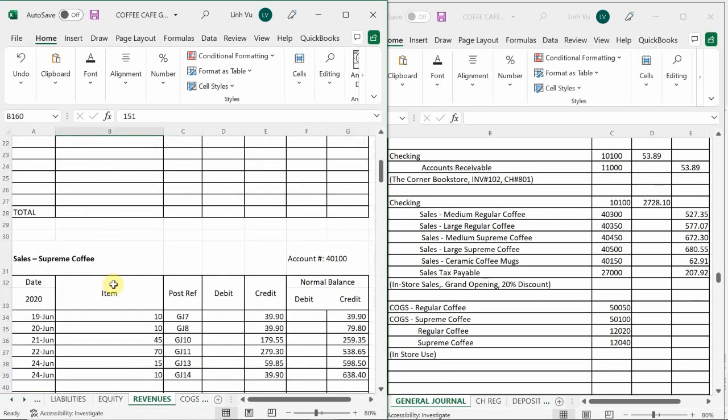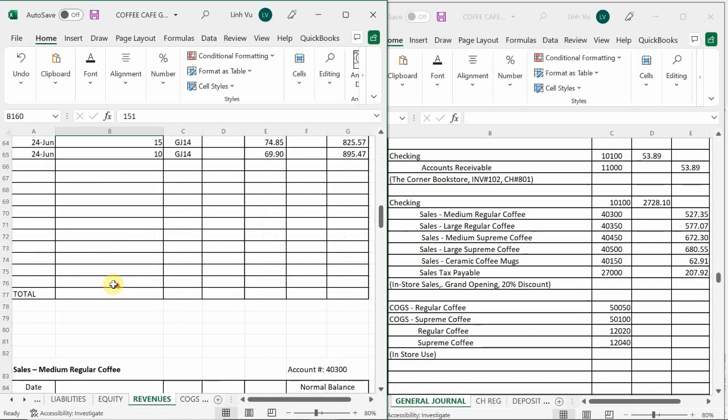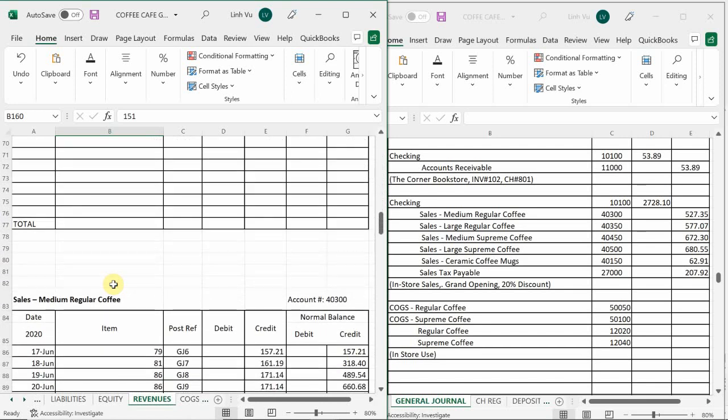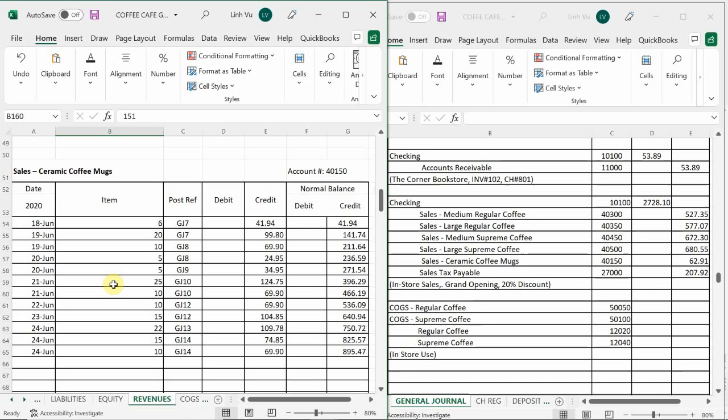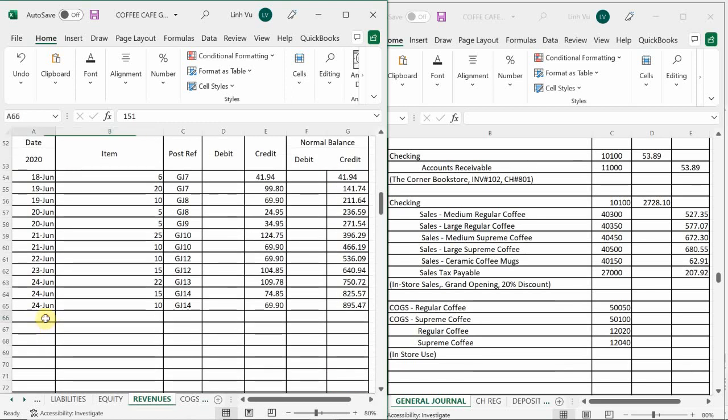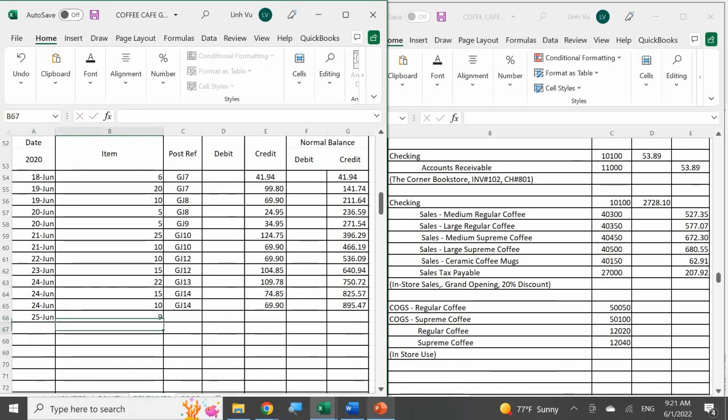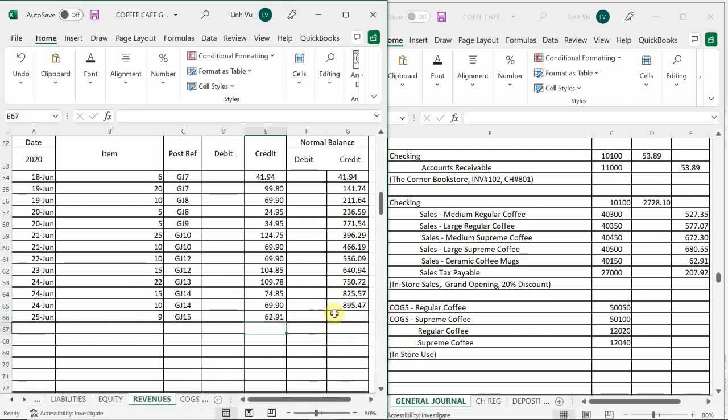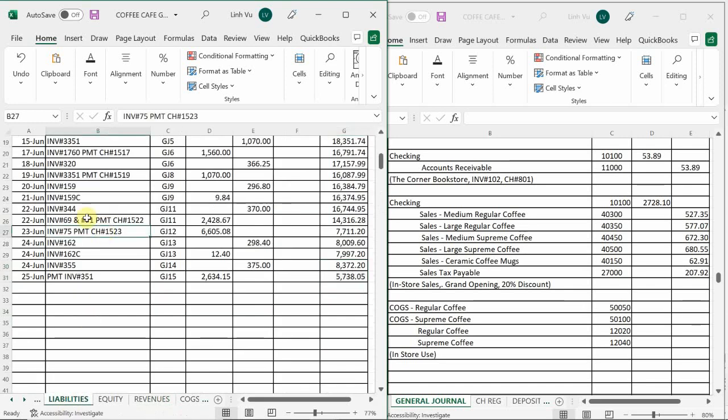We also sold some ceramic coffee mugs. I think it's this one, ceramic coffee mugs. How many did we sell? We sold 9 of them, for a total of $62.91, which should bring your account balance up to $958.38. And then last but not least, we also need to update our sales tax.